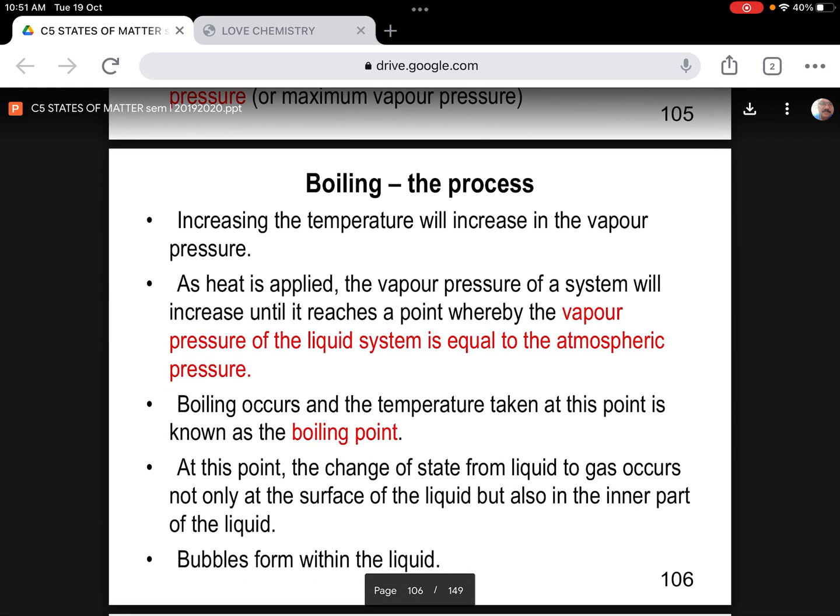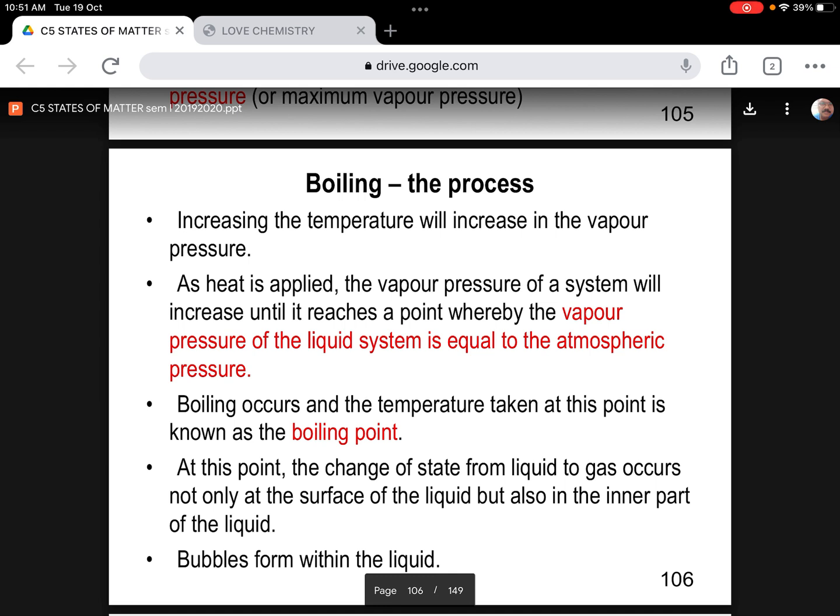Okay, the boiling process. This is another process. Increasing the temperature will increase the vapor pressure. As heat is applied, the vapor pressure of a system will increase until it reaches a point whereby the vapor pressure of a liquid system is equal to atmospheric pressure. Imagine in a closed container, there is a liquid and we heat the liquid.